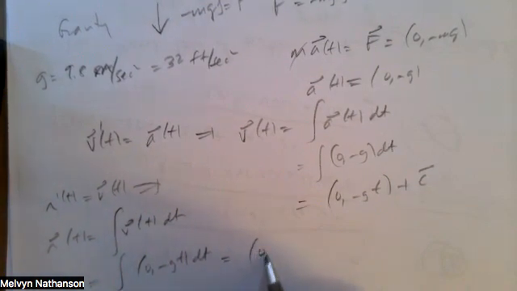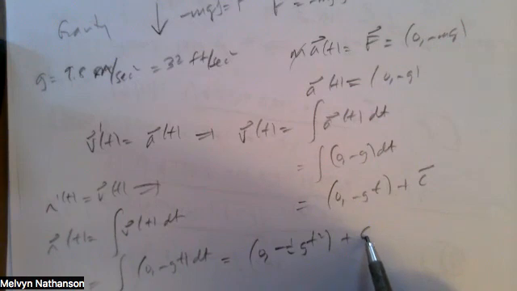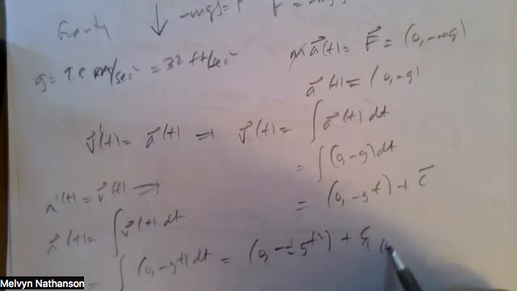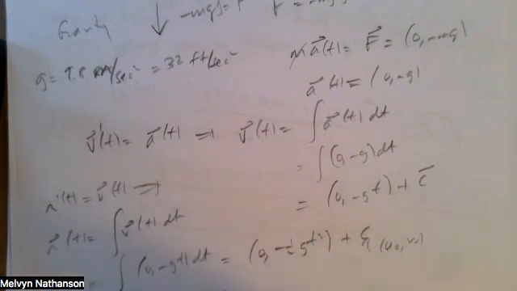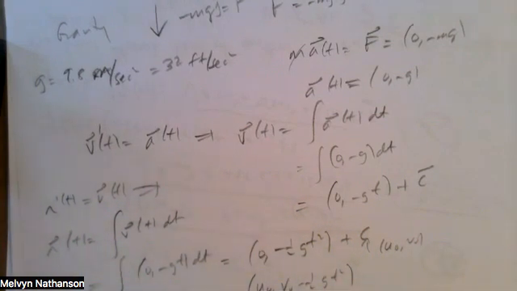Which is 0 minus a half gt squared plus a different constant. I call this constant u naught, v naught. This is u naught, v naught minus a half gt squared. And this is the form that you see in the textbook.